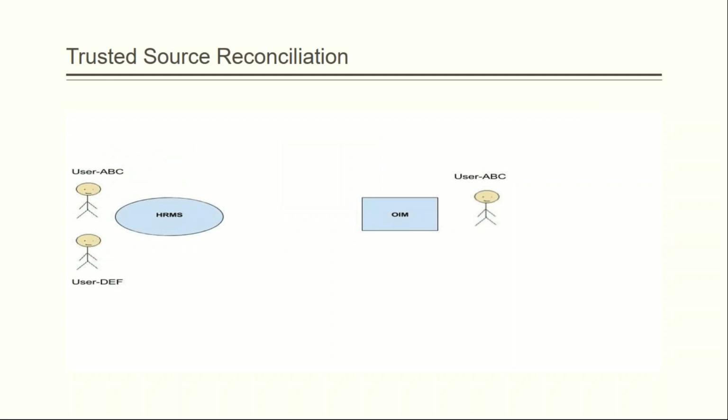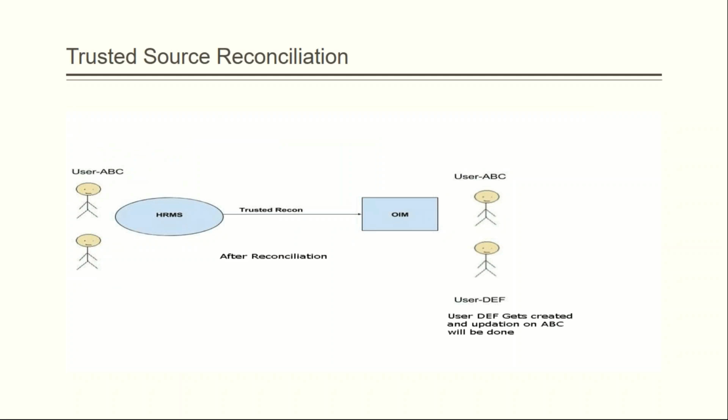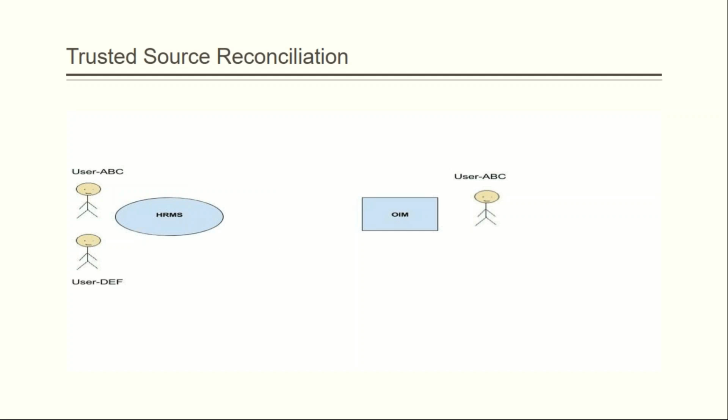Let's consider the trusted source. Just follow the diagram. Initially, I have two users, user ABC, and after some time, a new user, user DEF, joined the organization. So HR is going to create the user DEF in the HRMS system.